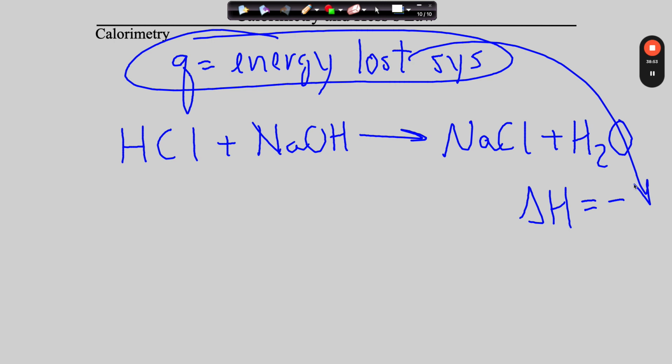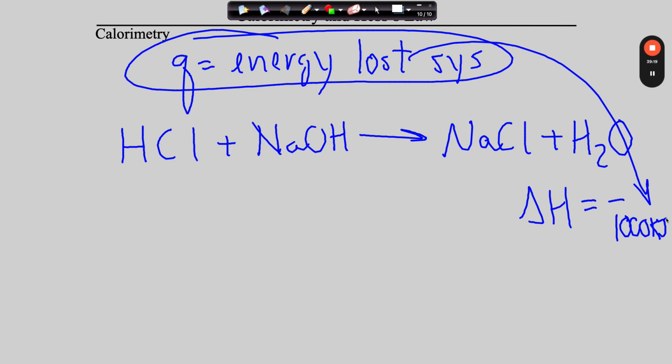Let's use a number. Just a round number. Let's say 1,000. So guys, what if the value for this was 1,000 kilojoules? How much sodium hydroxide and hydrochloric acid release 1,000 kilojoules of energy? How much? A mole of each.